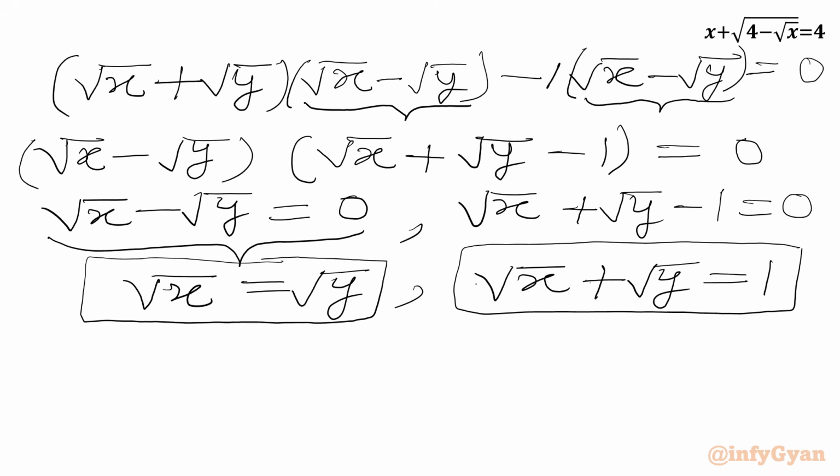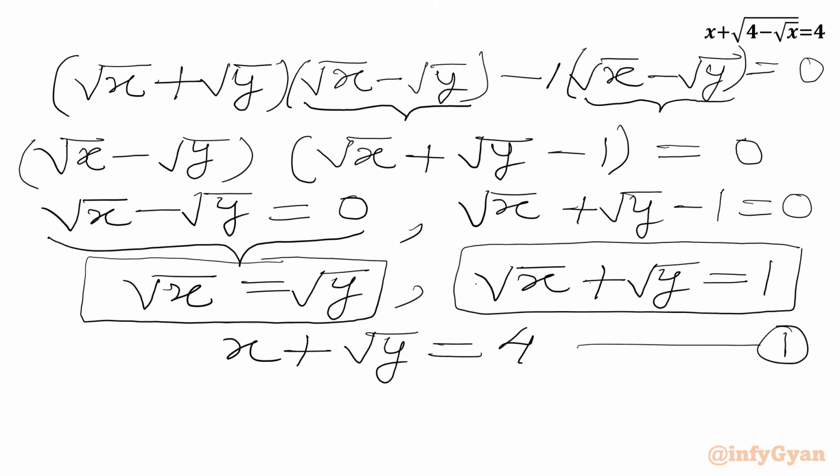Now I will write our first equation. The first equation was x plus square root y equal to 4. This was our equation 1. Now here I will plug in root y equal to root x. So x plus root x equal to 4.